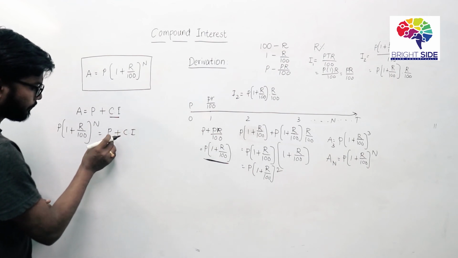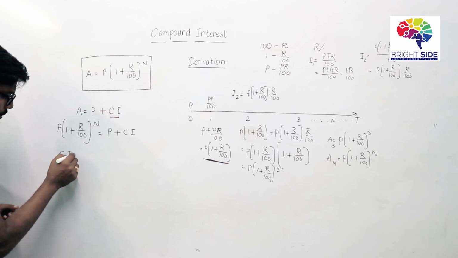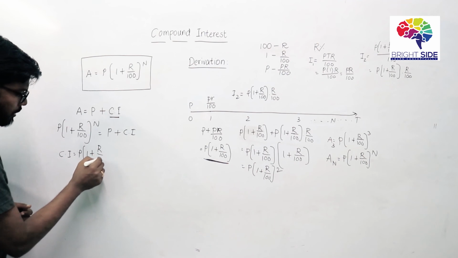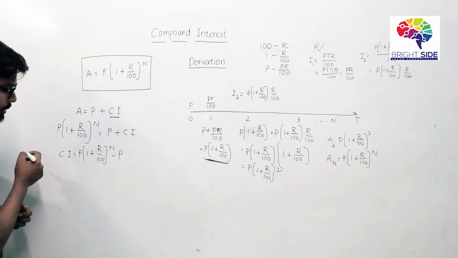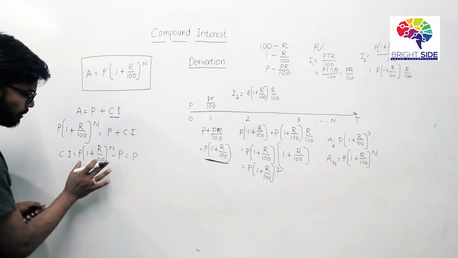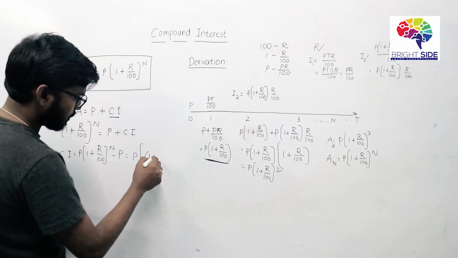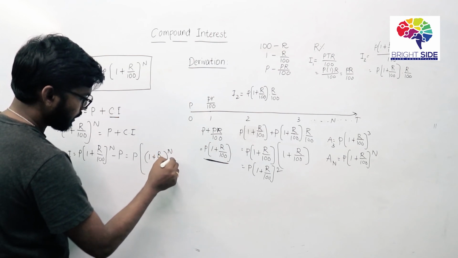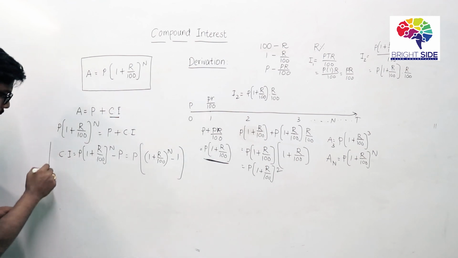Then CI would be, send this P this side, and that would be CI is equal to P into 1 plus R by 100 all to the power n minus P. Okay, then that would be taking P common. If you take P common, that would be 1 plus R by 100 all to the power n minus 1. This is the compound interest formula.